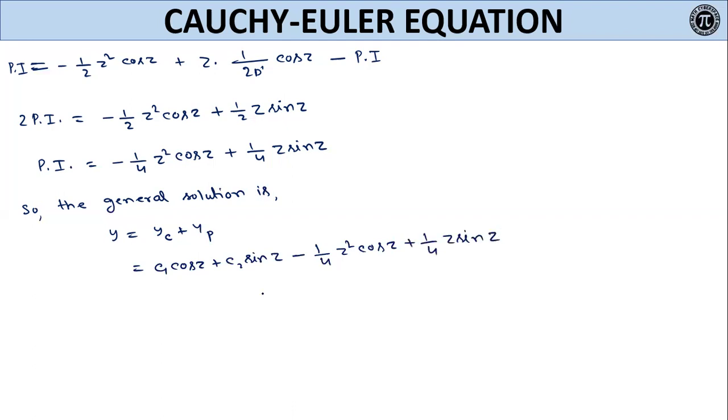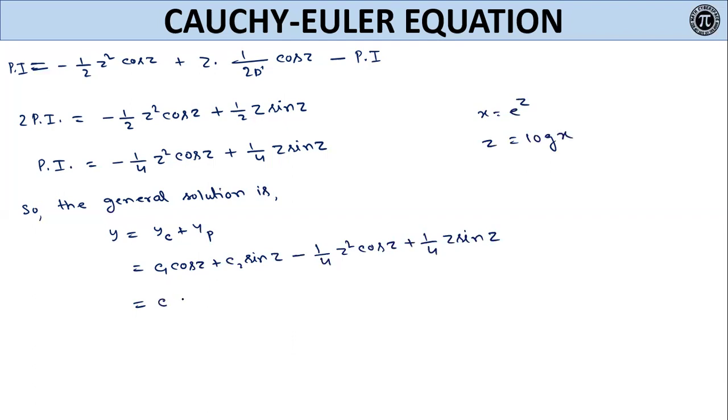But this is not the final answer, because in the question our original variables are x and y. So we have to convert the z variable to the x variable. Okay, you have taken that z equals to log x. Now, if x equals to e to the power z, so z equals to log x. So in place of z, you have to write log x.